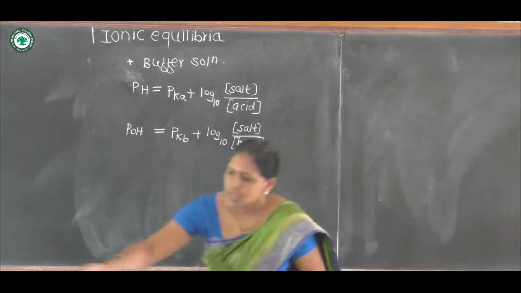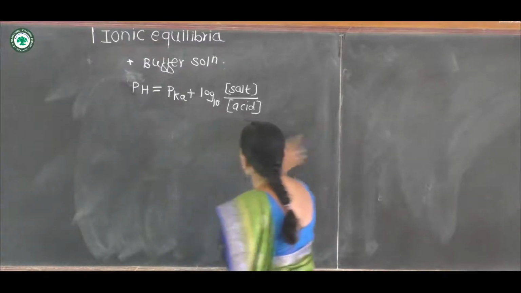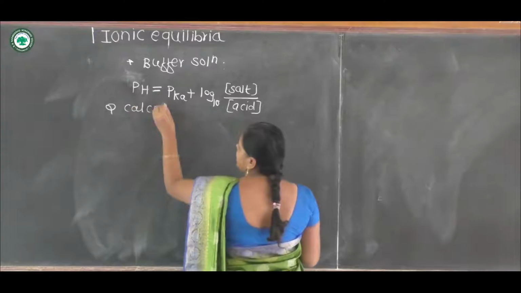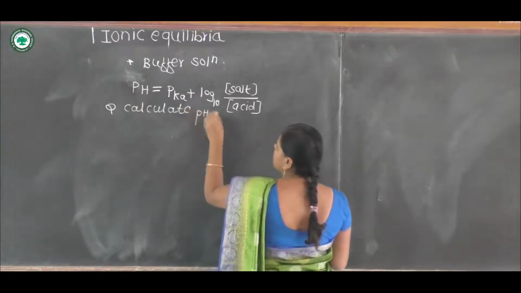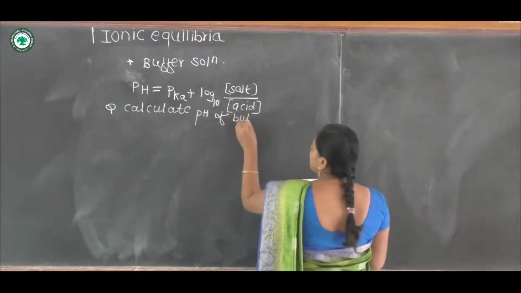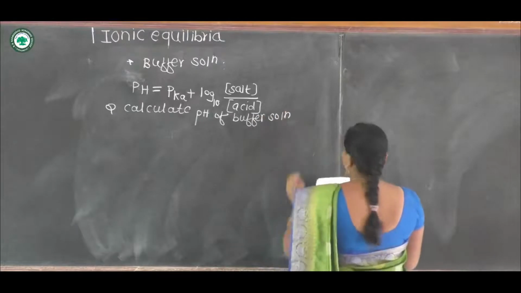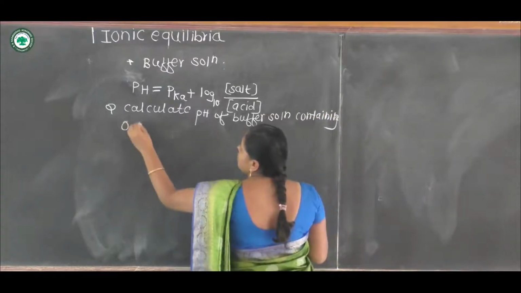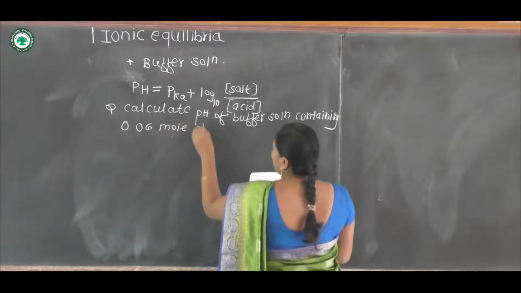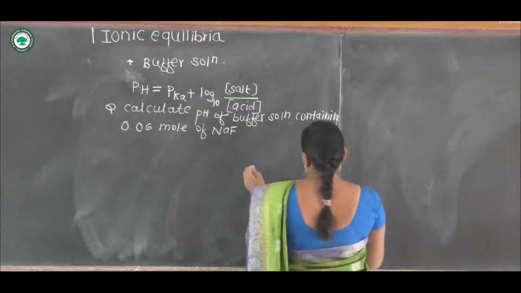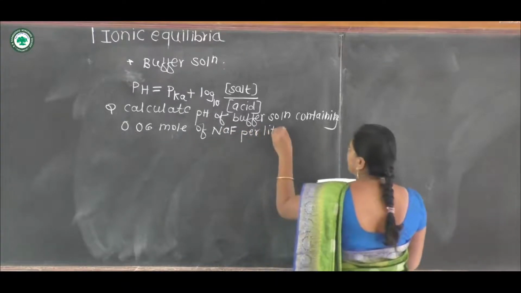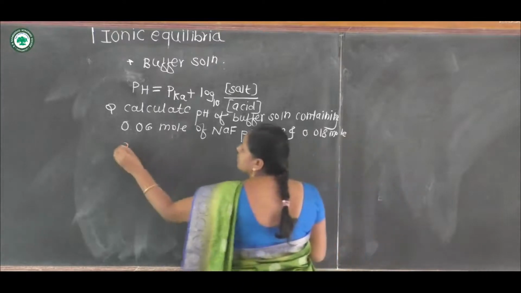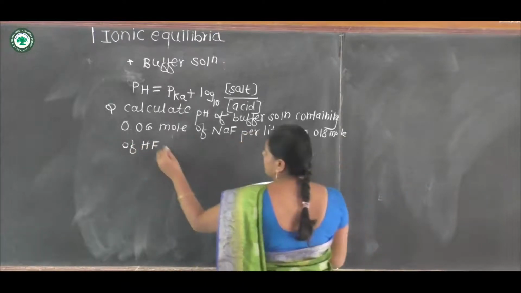Question is, calculate pH of buffer solution containing 0.06 mole of sodium fluoride per liter and 0.018 mole of hydrofluoric acid per liter.